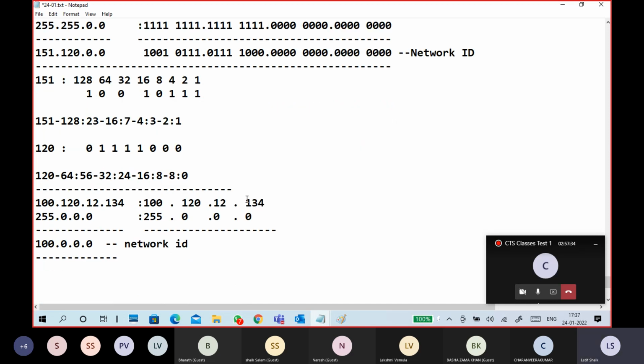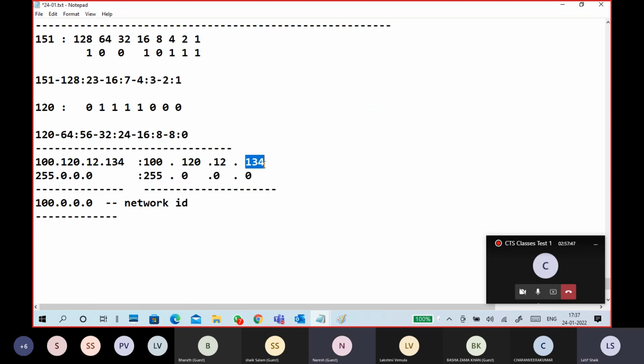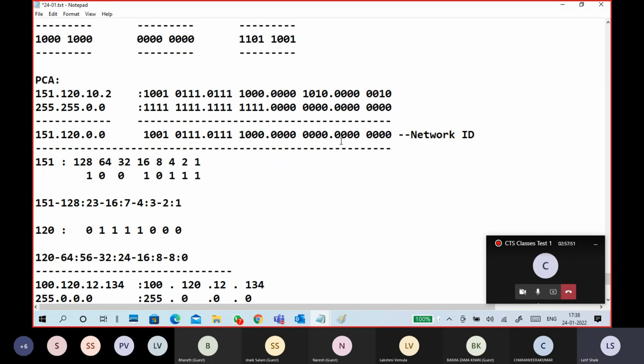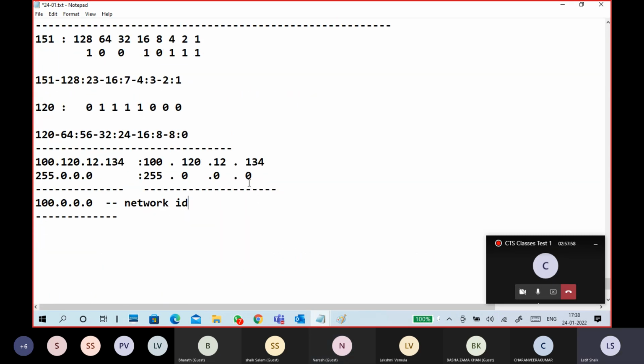What is the value of this 134? If I put 134 in binary here and the second one is all zeros, now do the AND operation. All are zeros only, right? Same goes for this one.